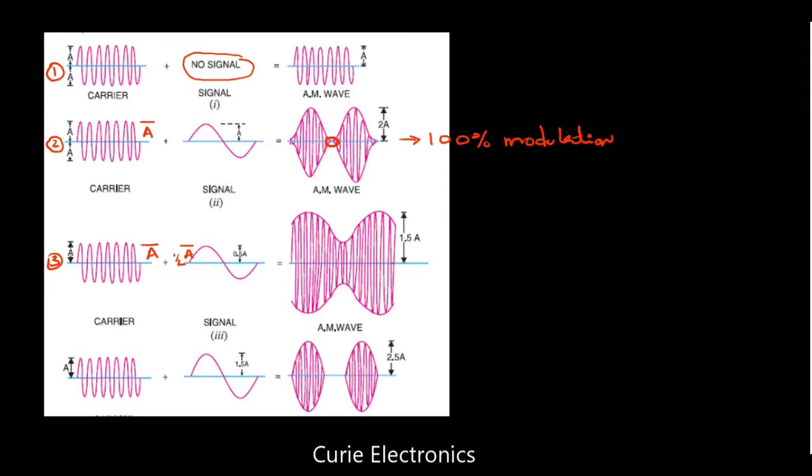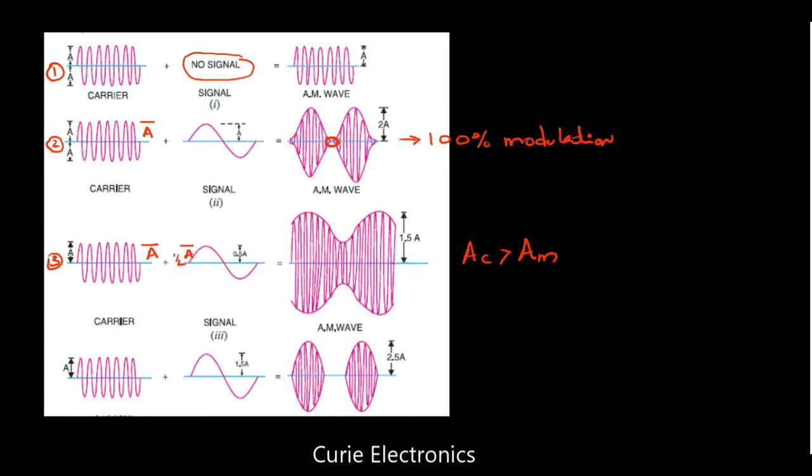There is no breakage or clipping, nothing. It's perfect. So this is the preferable modulation method, that is, the carrier amplitude is always greater than the message signal amplitude. That is, AC is greater than AM.